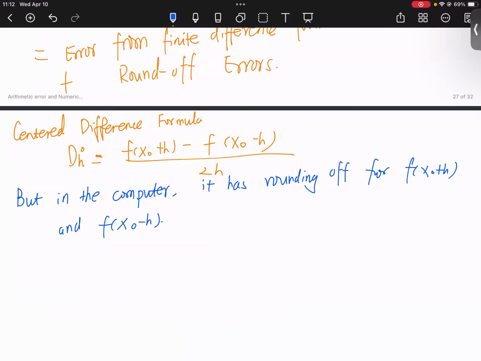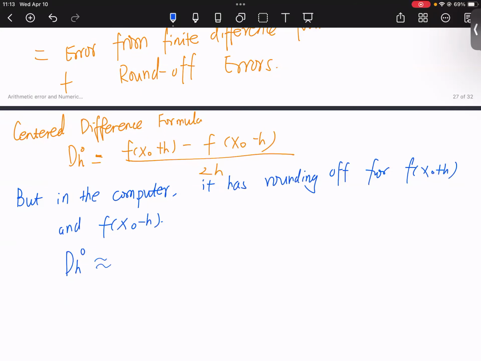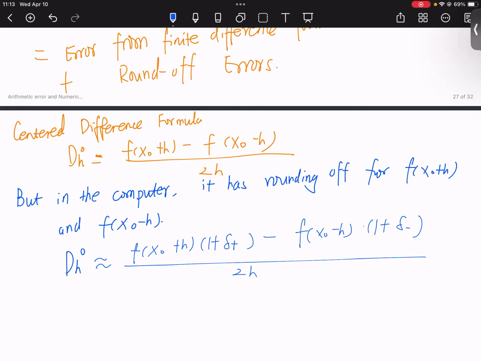And let's denote this rounding off value as we mentioned in the previous class, in chapter 5, we can use delta to represent the rounding off value. So we have f(x0 plus h) times (1 plus delta plus), minus f(x0 minus h) times (1 plus delta negative), divided by 2h. Here we have delta plus and delta negative. What does it mean?